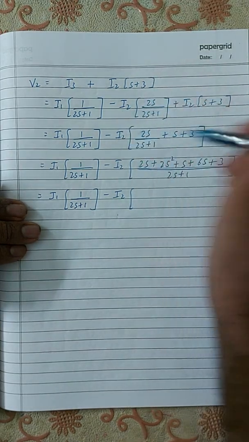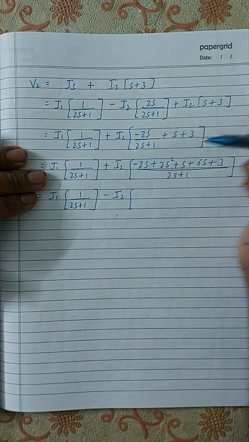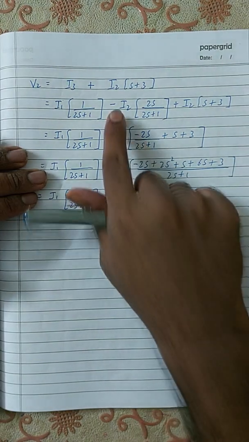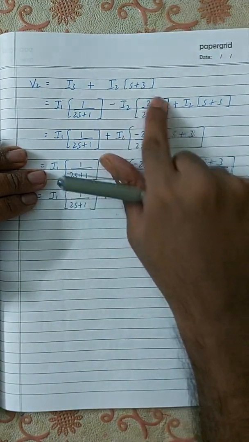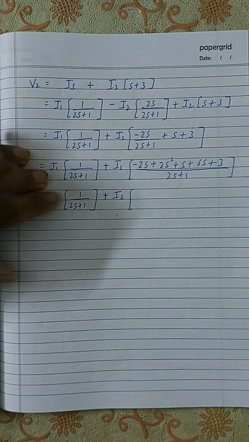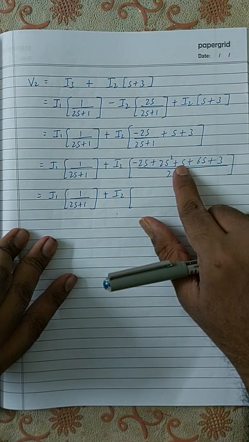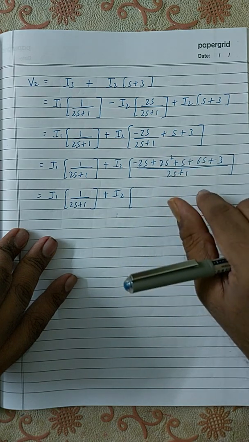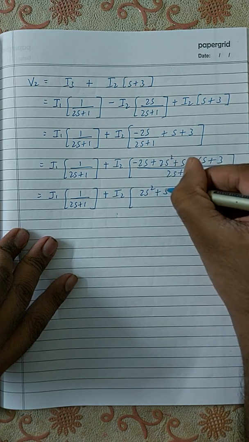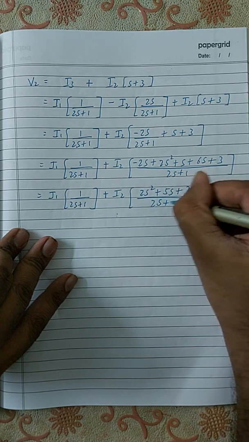This term is additive and this is subtractive, so it becomes minus 2s. So 6s plus s is 7s, 7s minus 2s is 5s, and this becomes 2s square plus 5s plus 3 by 2s plus 1.